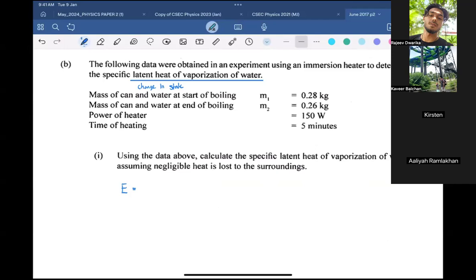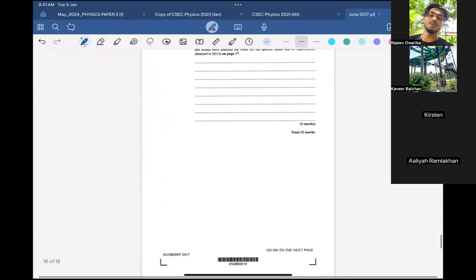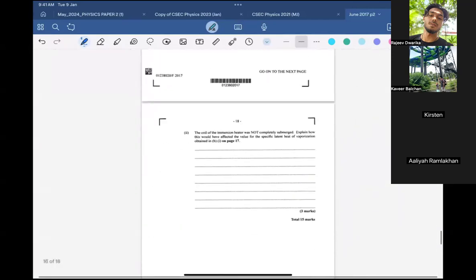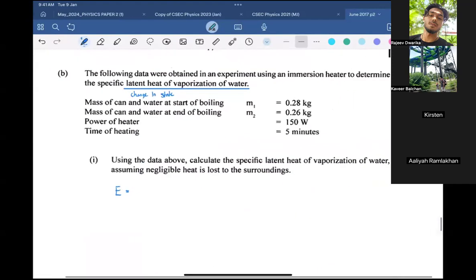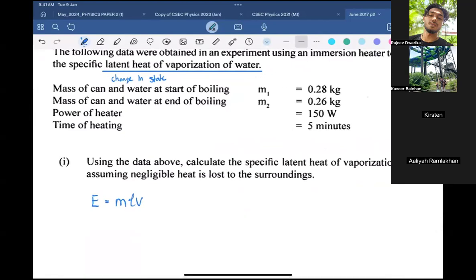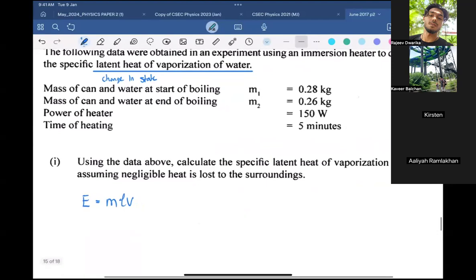E is equal to MLV, right? Awesome. So what do they want us to figure out? Using the data above, calculate the specific latent heat of vaporization.